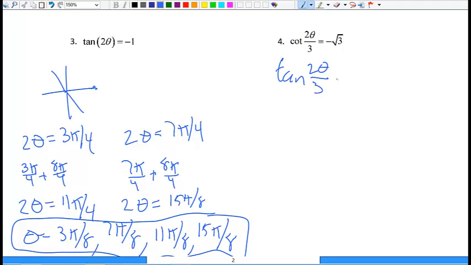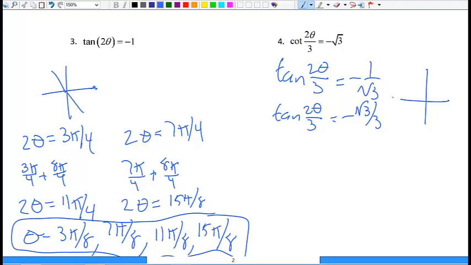So tangent of 2 theta would be -1 over square root 3. Okay, but that really is just negative square root 3 over 3. So if you didn't recognize, oh, what do I do with the negative square root 3? Hopefully now we do. And either way, where do I see a negative tangent? That's in the second and in the fourth.